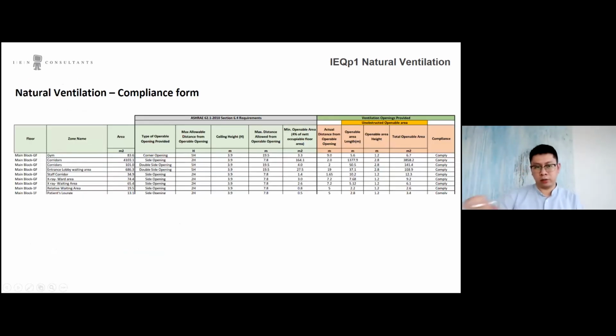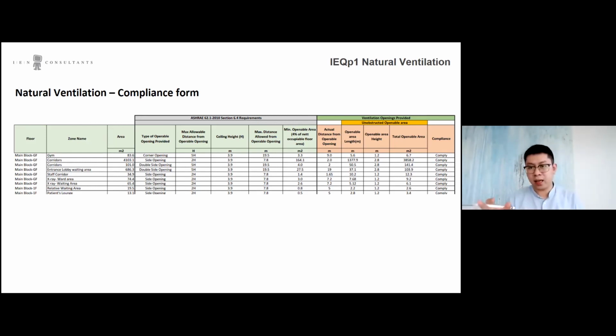Next, we have to fill up this natural ventilation compliance form where we key in the zone name, the area, type of the opening, maximum allowed H, like 2H or 5H, the ceiling height, and the maximum distance allowed depending on the ceiling height.